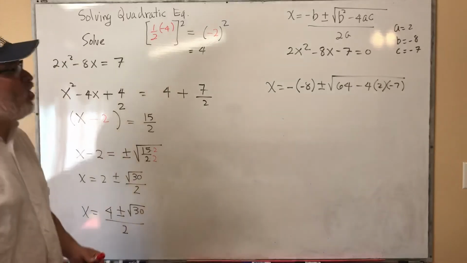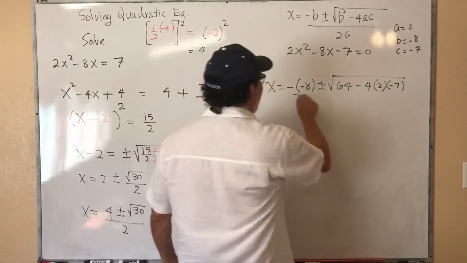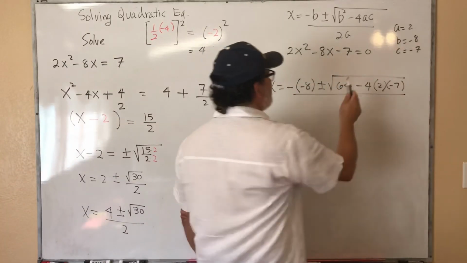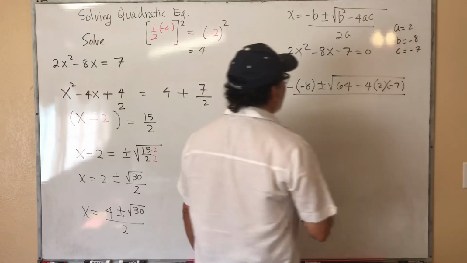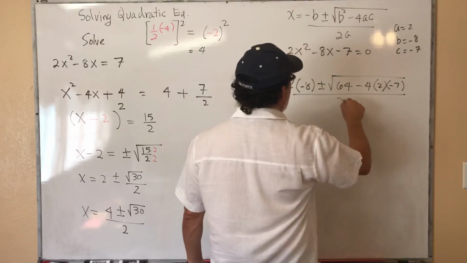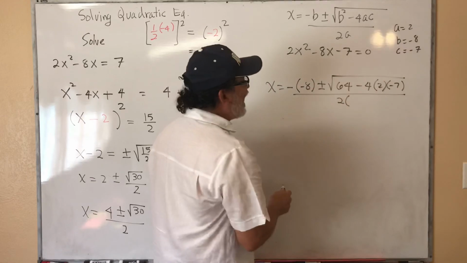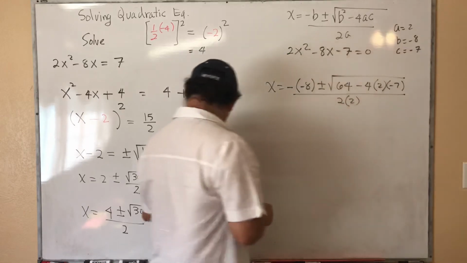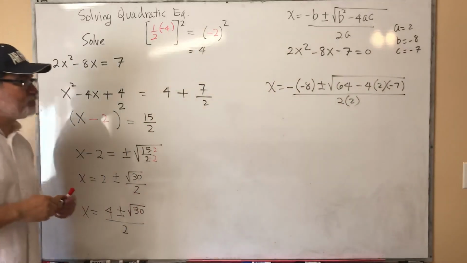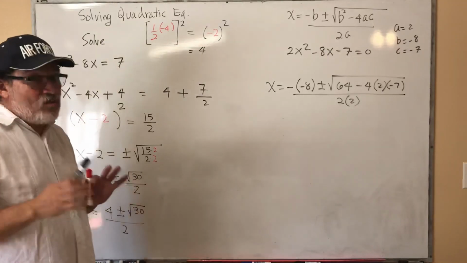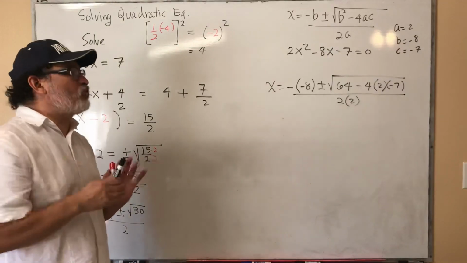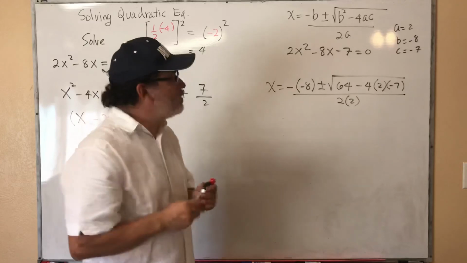Okay. All over twice a. 2 times a. What is a? 2. Okay. You see the quadratic formula, some people love to use the quadratic formula, but watch what's going to happen.